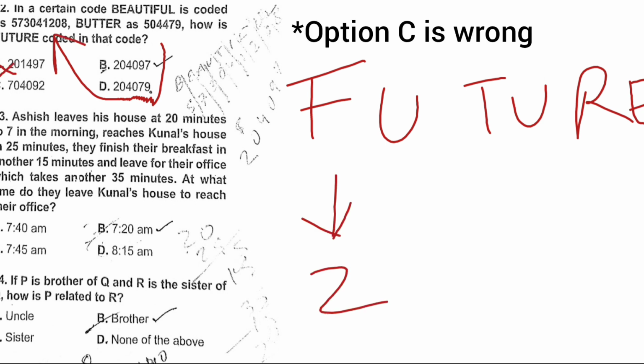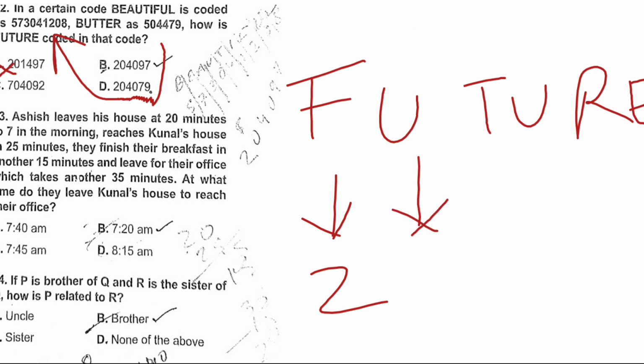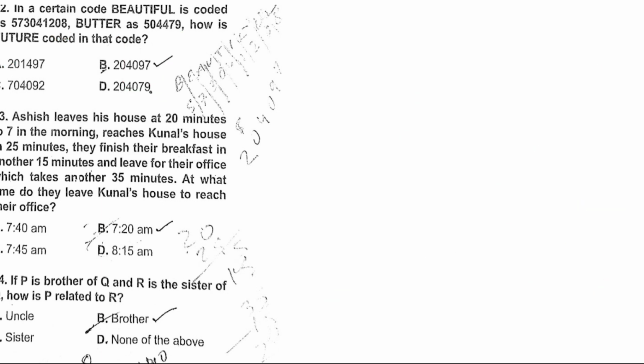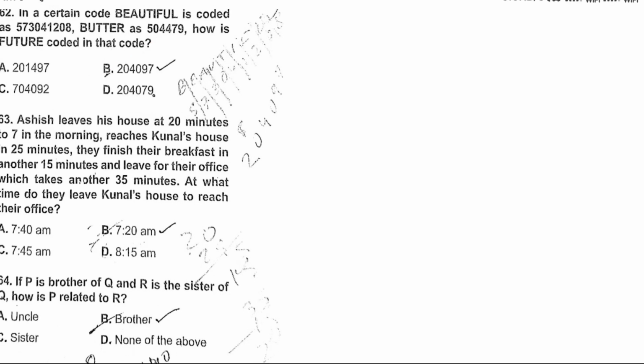Option number A is wrong. U is which number? 0. Now let's move to next number. Next is 4. Then since there's another U here, again it will be 0. R, in butter, this R points to 9, right? So 9. Which option is now seeming correct? It is option number B. Let's move to next question.